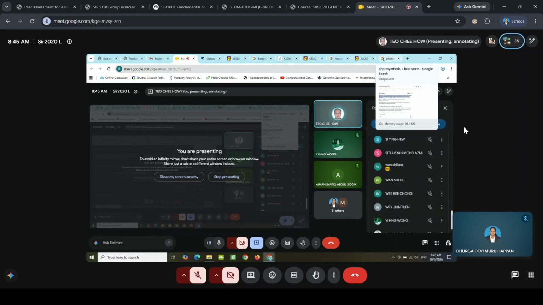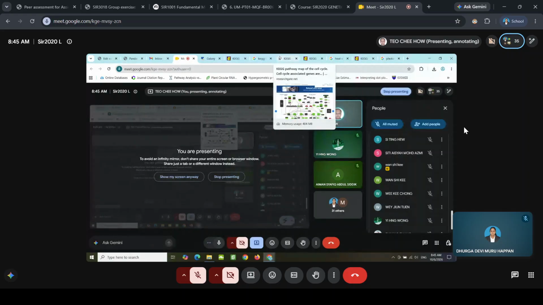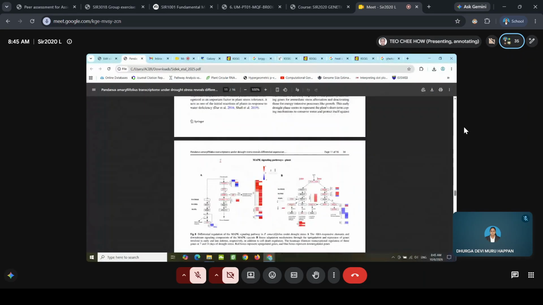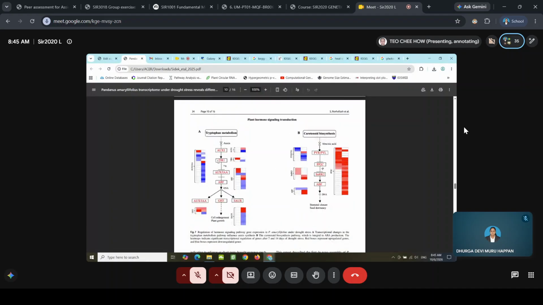Okay, now I saw this differential expression, right? So why are they upregulated, why are they downregulated? So for example, the one that I just showed in the panel here. Okay, I see all the genes are upregulated. Let's say, for example, auxin 1 is upregulated, it leads to the upregulation of TIR1.